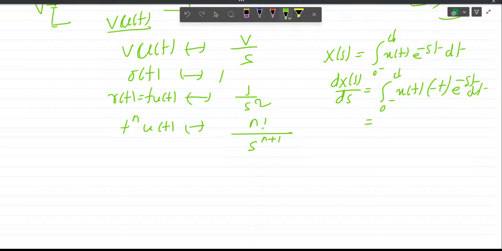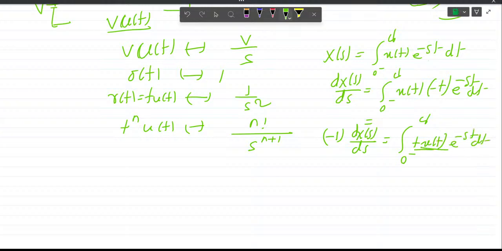So I take out the minus here, so minus dX(s)/ds is equal to the integral from 0 minus to infinity of t x(t) e to the power minus st dt.